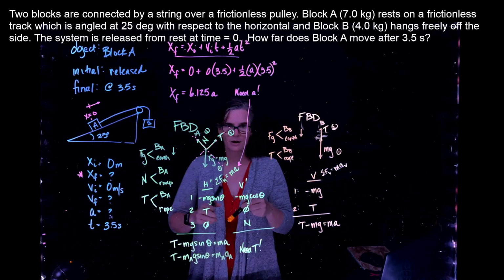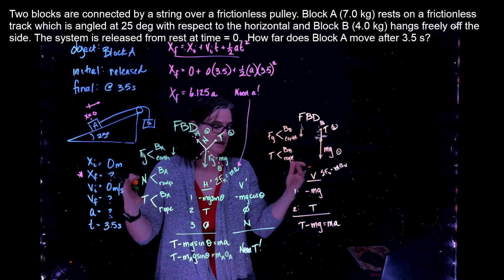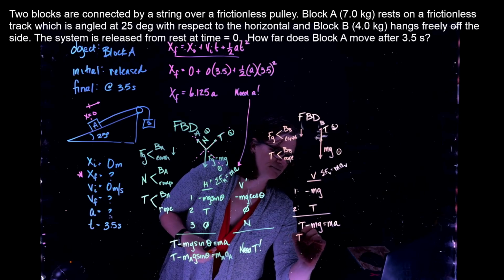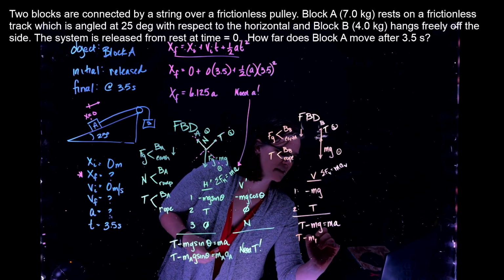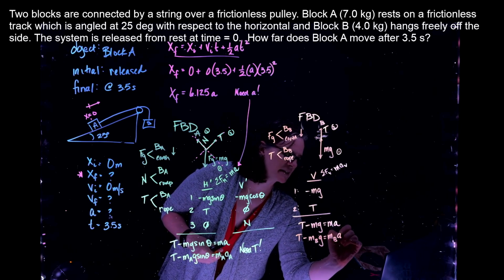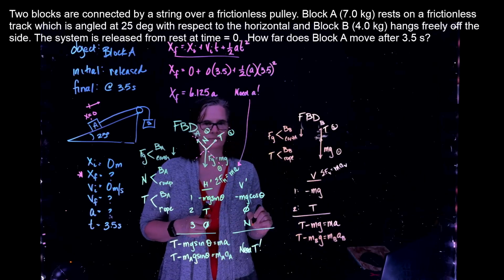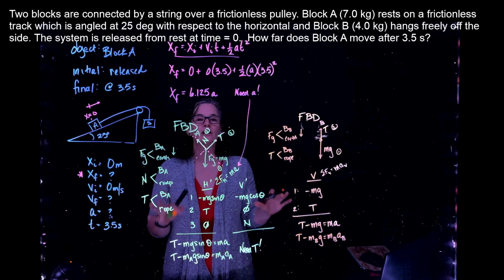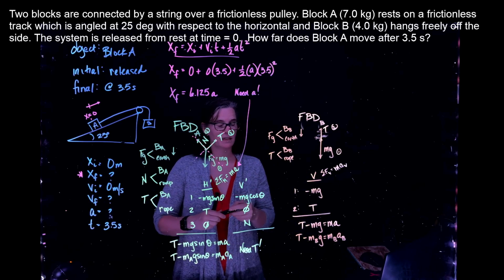In our object block B, this is the tension minus the mass of B times g is equal to the mass of B times the acceleration of B. All right, so I want to make sure we're very, very clear about which objects we're dealing with.